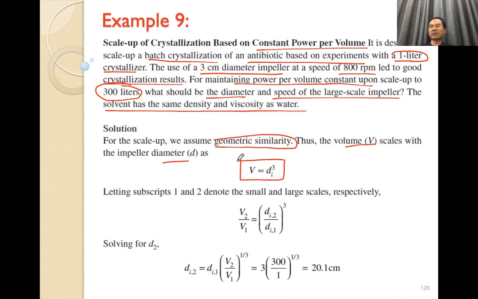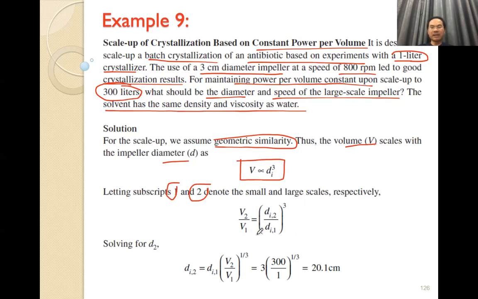For that case, we can approximate V equal to diameter to the power 3. If we denote 1 as the small scale and 2 as the large scale, the ratio of V of large scale to small scale equals the ratio of impeller diameter of large scale and small scale, all to the power 3.